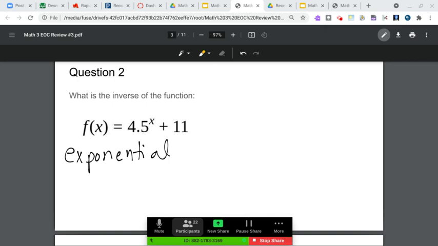So step 1 is we switch x and y. X equals 4.5 to the power of y plus 11. Step 2, we isolate the exponential part. Subtract 11.